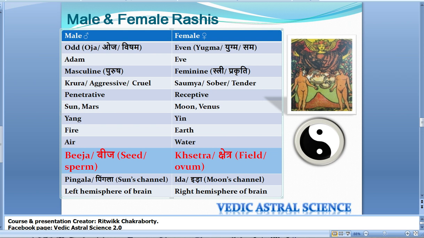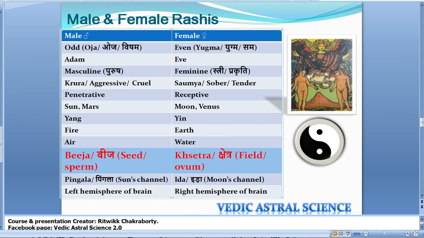So the beeja or seed must have the potential to grow, and the field or kshetra, the cultivable land, must not be barren. It must be a fertile one in order to fertilize the seed and promote growth.